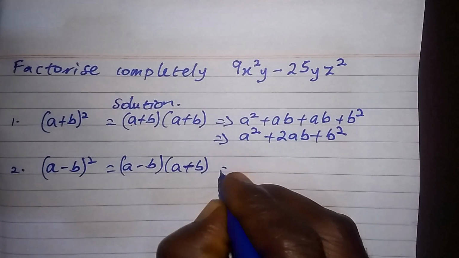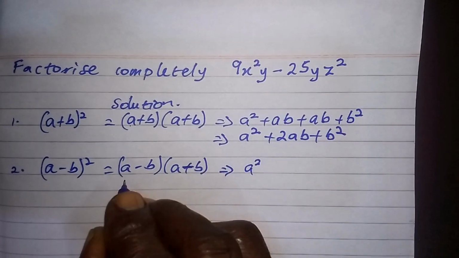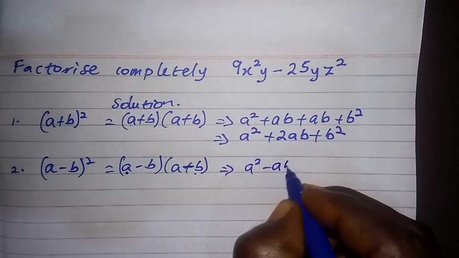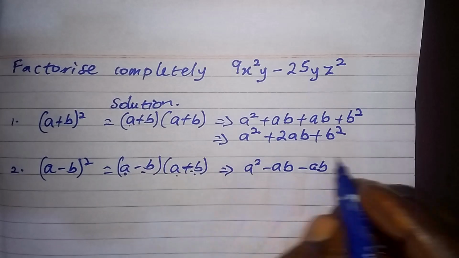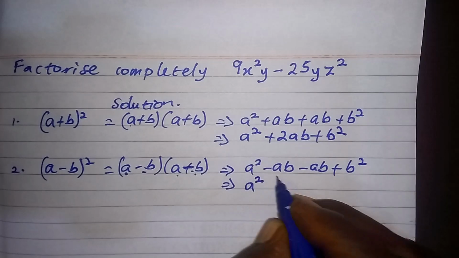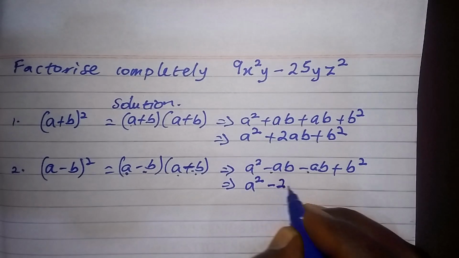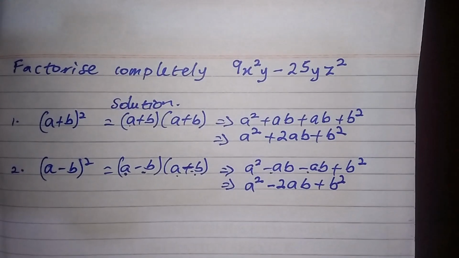So this is equal to a times a is a squared, a times minus b is minus ab, minus b times a is minus ab, minus b times minus b is plus b squared, which ends up giving us a squared minus 2ab plus b squared. The first two identities you have just seen are referred to as perfect squares.